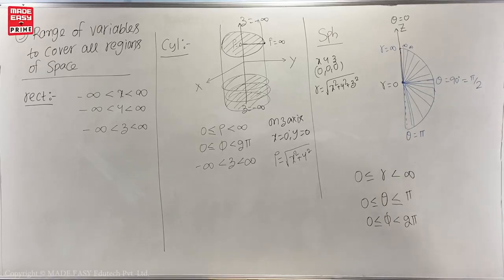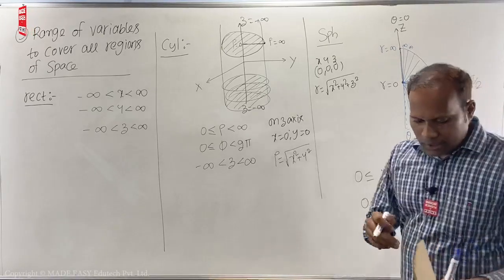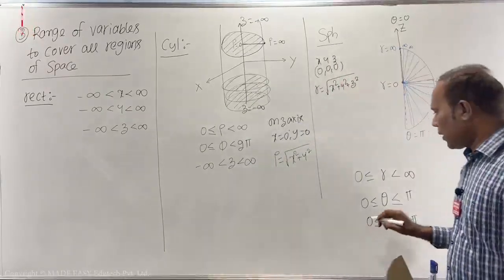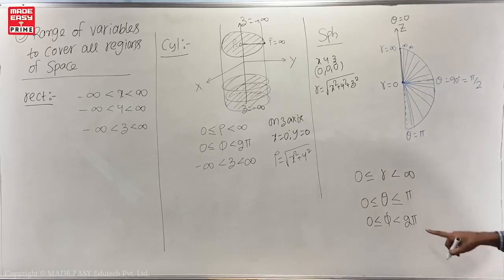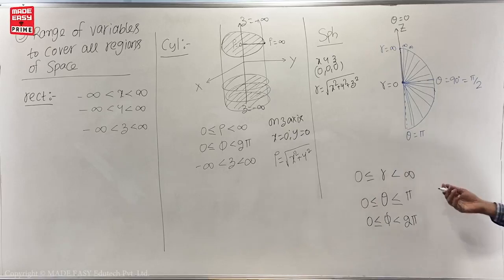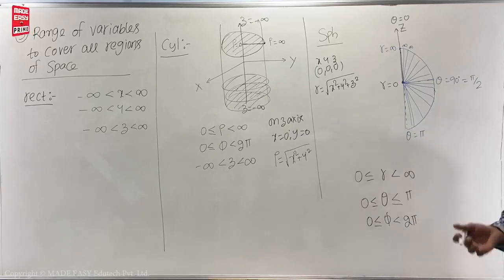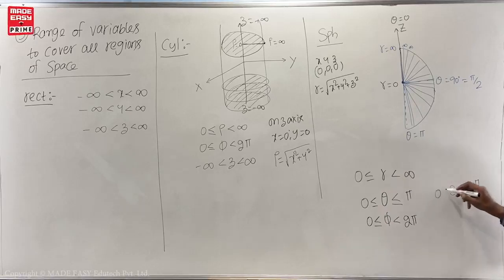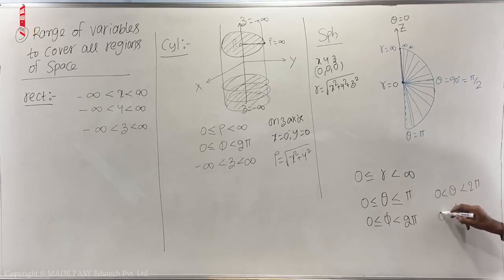Conclusion: to cover the universe one time, you have to take vertical angle 180 degrees and horizontal angle 360 degrees. So if any one of the angles is 180, the other angle should be 360. You can take this also: theta 2 pi, then horizontal angle pi. So this is also correct.